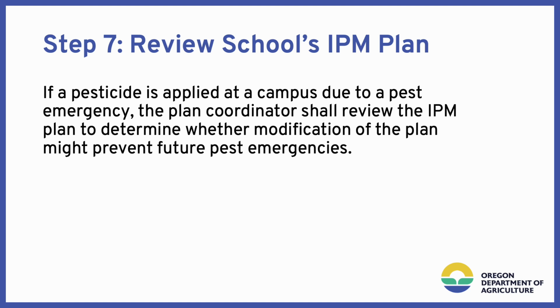Once the declared pest emergency has been addressed and the application is complete, it's your responsibility as the IPM plan coordinator to then review the IPM plan and determine whether modifications are needed. Proactive changes to your school's IPM plan now may prevent future pest emergencies.